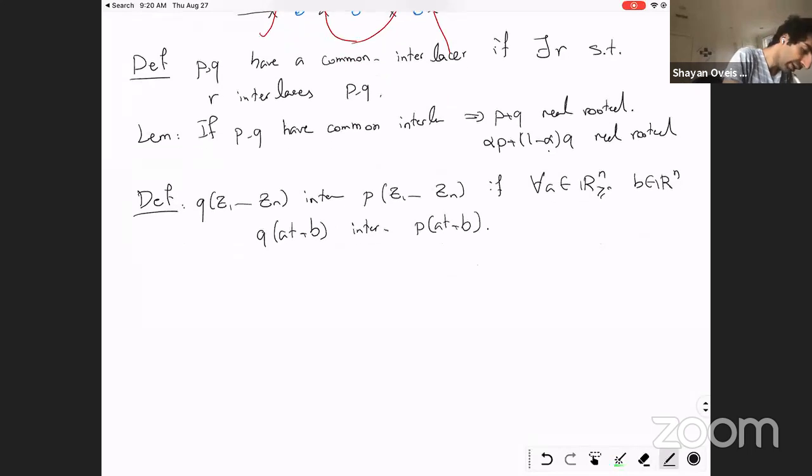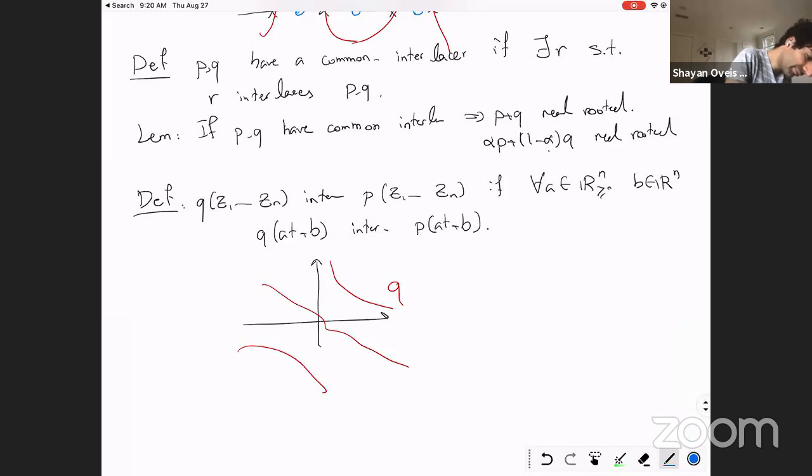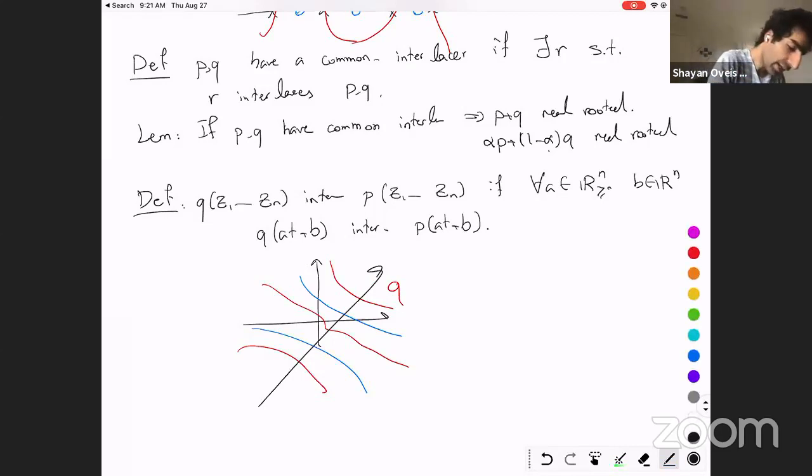Okay, so the picture you want to think about here is that if the roots of Q look like this, for example, then the roots of P look like this. Then for any line that points to the positive orthant, any root of P is between two roots of Q. So they alternate.